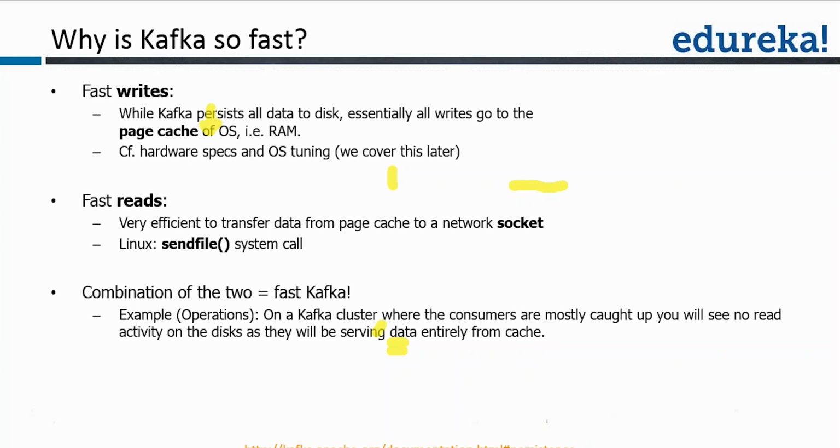Second, for reads, they started using a concept from the kernel, that is sendfile. In that case they are avoiding the context switching from your application to your kernel context. Generally, how we read the data is, the data has to come from disk to your kernel context, then from kernel context to your application context, and then back to network context, and from network it will be sent further to your consumer application.